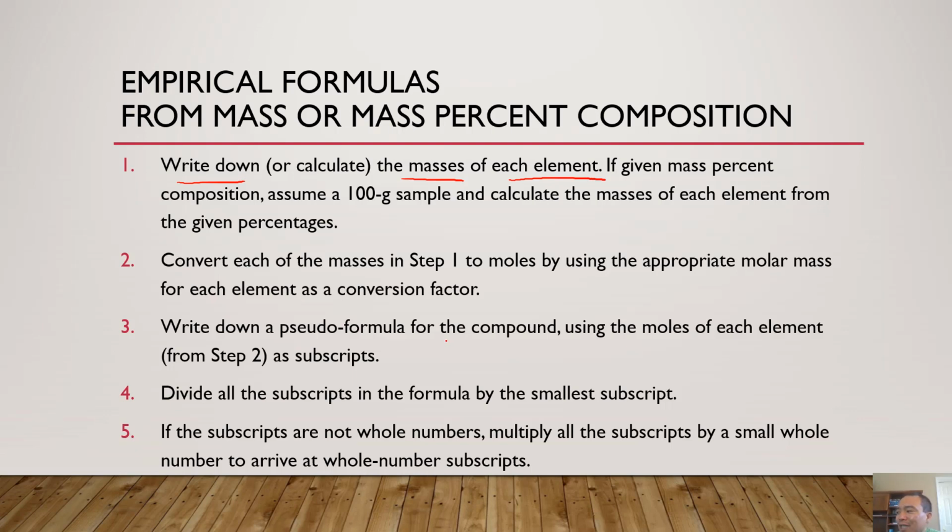If they give you mass percent, for example, one compound is made of carbon and hydrogen, and we give you 26% of carbon and 74% of hydrogen. How do you write out the mass? You simply assume 100 grams, and then the percentage times 100 is the given mass.